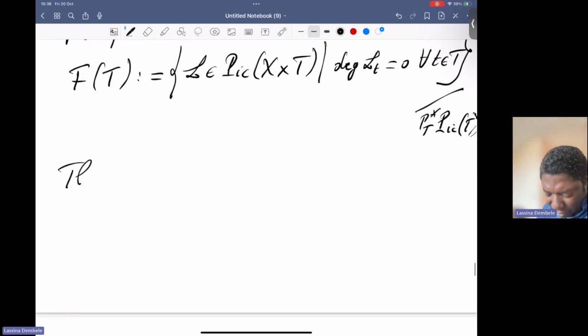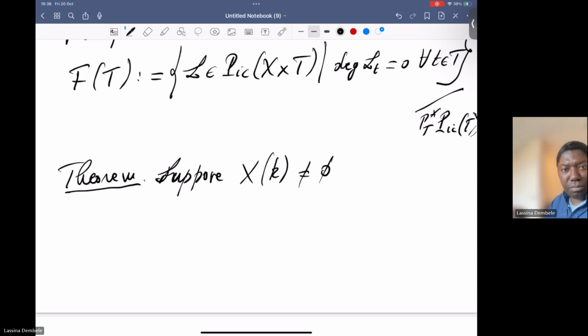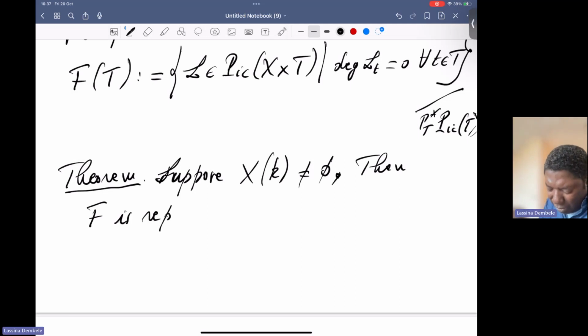And unfortunately, we have the following theorem. It says that if you assume that your scheme has a rational point, then F is representable.